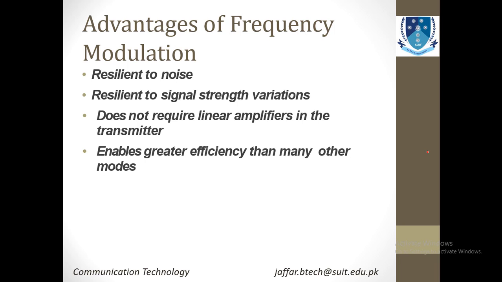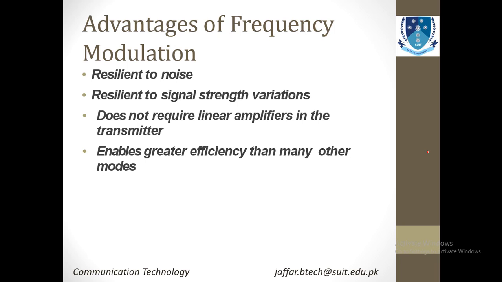The amplitude doesn't take any counter effect. But in frequency modulation, because you are varying the frequency, if there is noise in a single frequency, only the data in that frequency will be destroyed or corrupted. The data in the other frequencies will remain the same.